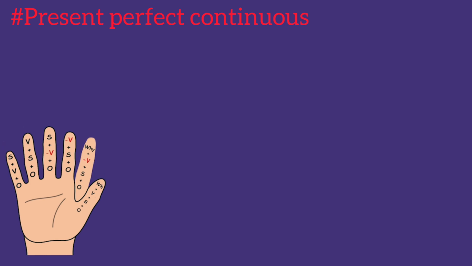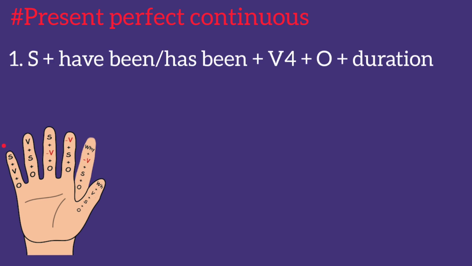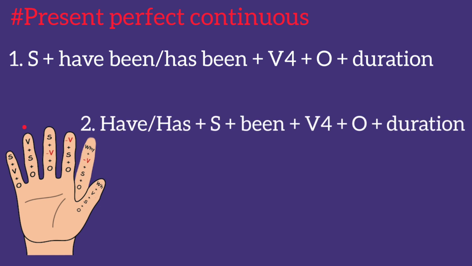Its formula is subject plus have been or has been plus V4 plus object plus duration. Have or has plus subject plus been plus V4 plus object plus duration.